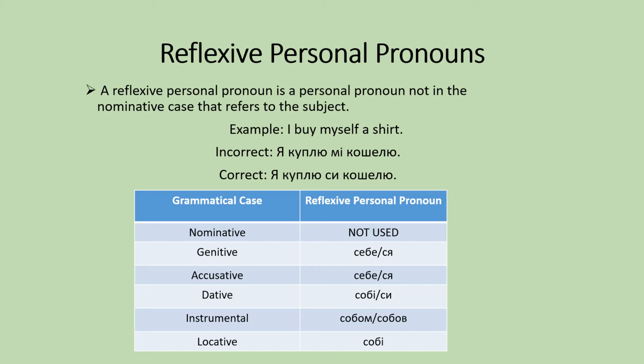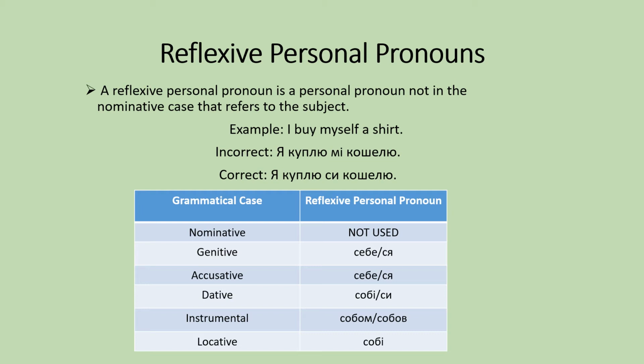Instead, we replace me with a reflexive personal pronoun, in this case can be sobie or sy, and we get Ja kupię si koszulę.